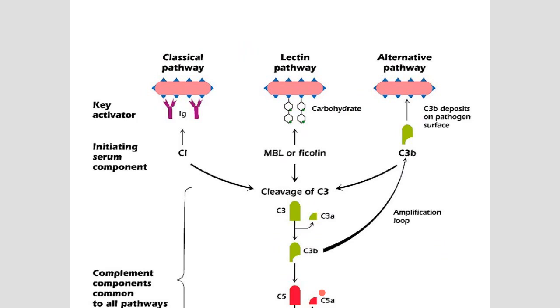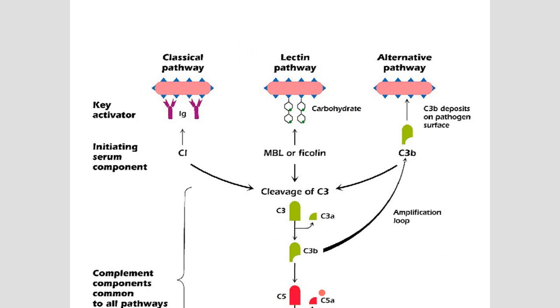Now, we have a system where mannan binding lectin attaches to this, and then again, there will be a cascade of events. And finally, we have C3b, which is like a hook or attachment, where it attaches to the bacteria and brings them closer to their fate of being eliminated.